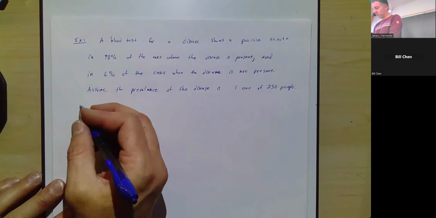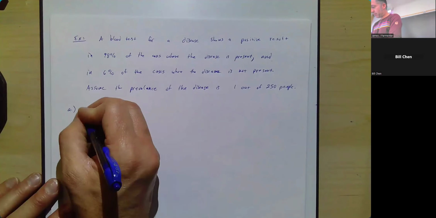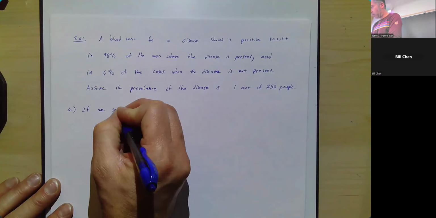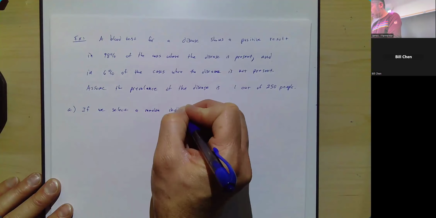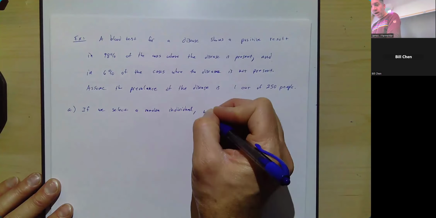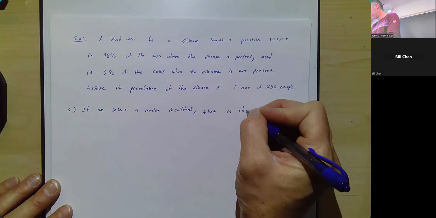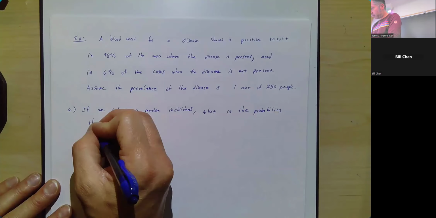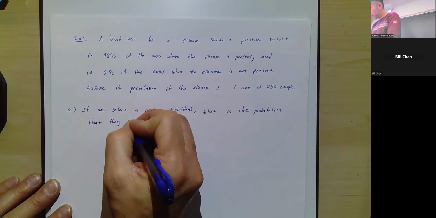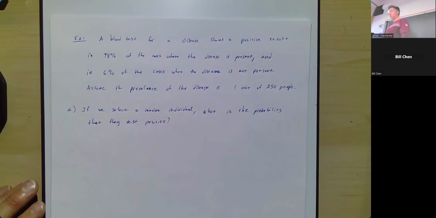So the first question here is, if we select a random individual, what is the probability they test positive? I'm going to show you a couple ways of doing this because I think it's worth seeing both.